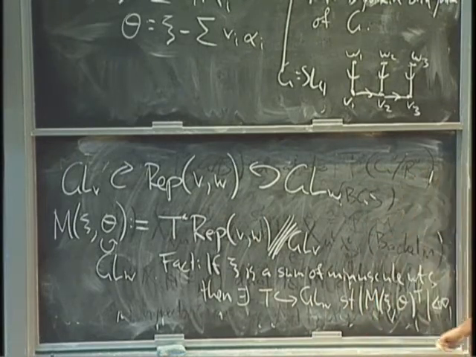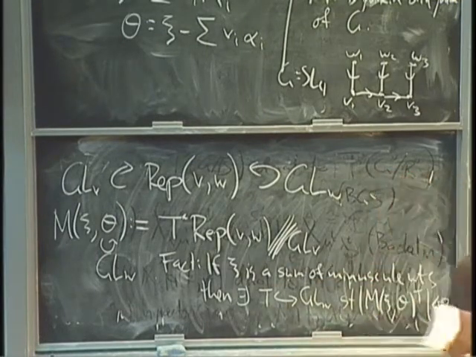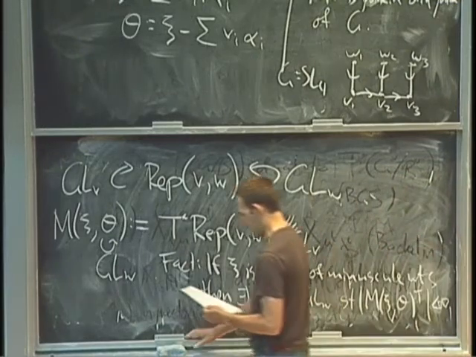I can do Nakajima's construction without this T action, but if I want a category O, I have to have a T action. So this is only going to work when xi is a sum of minuscule weights.